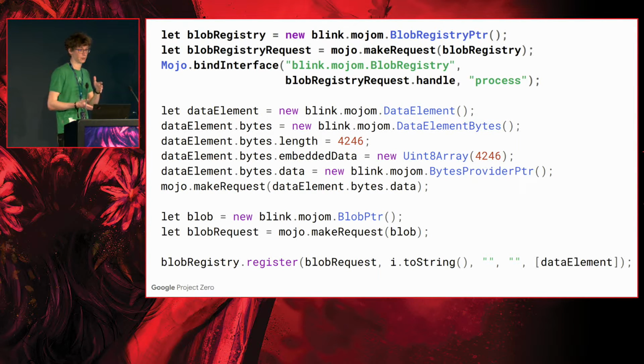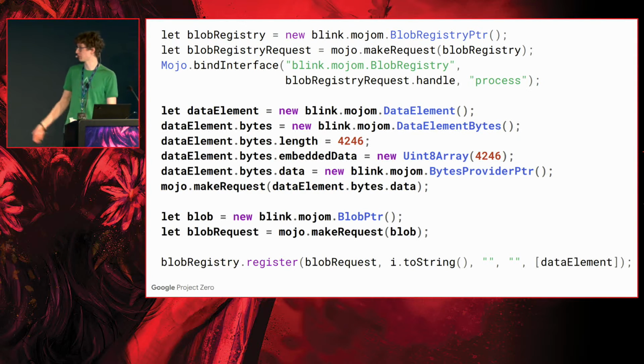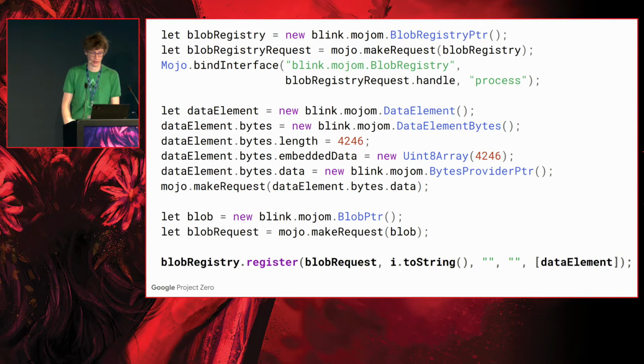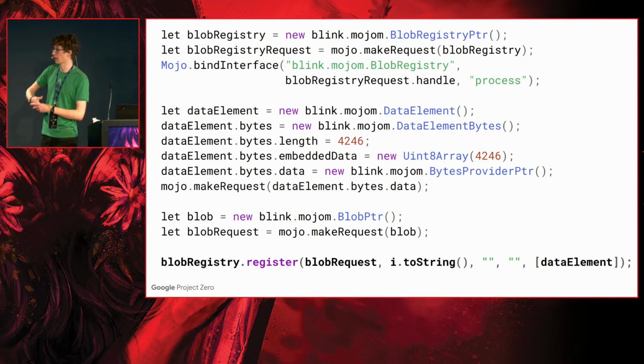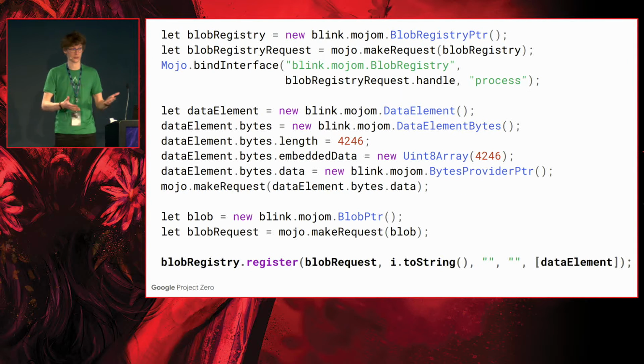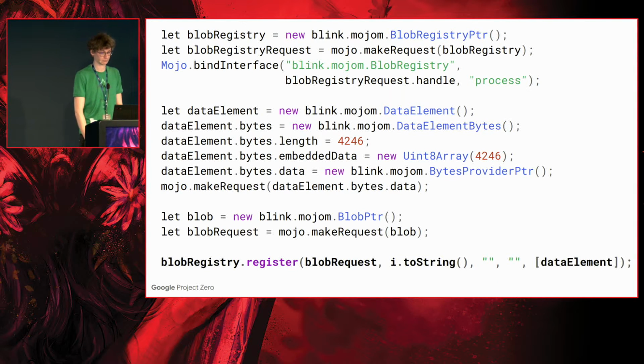We're binding that to a message pipe, and then we're sending that message pipe to the browser process and asking the browser process to actually connect that to the blob registry. The middle bit is just setting up arguments, some data, right? And then we have effectively a second IPC call at the bottom, where we're actually sending a request to this blob registry handle we created a minute ago. So far, so good.